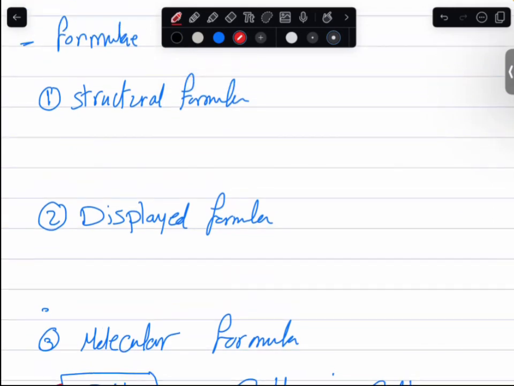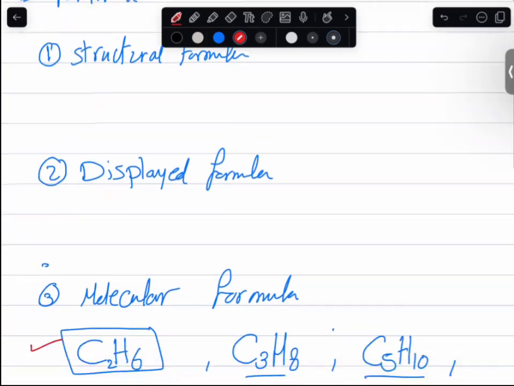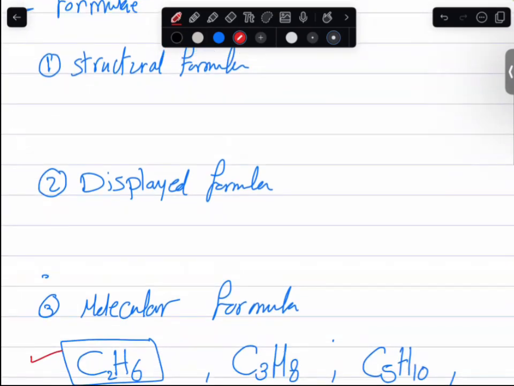This molecular formula, we can write in more detail in a form called a structural formula. The structural formula is a description of how the molecules are arranged. Here we have C2H6, and we write it as CH3CH3.